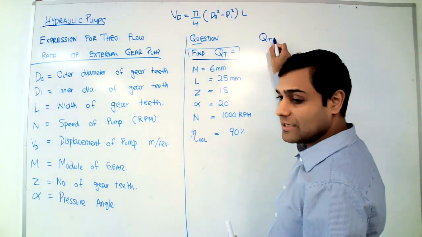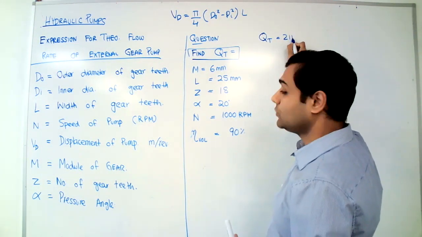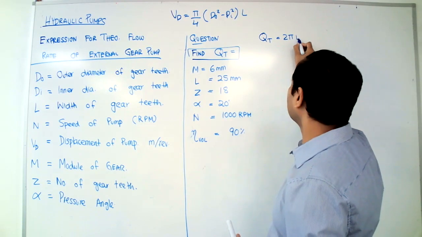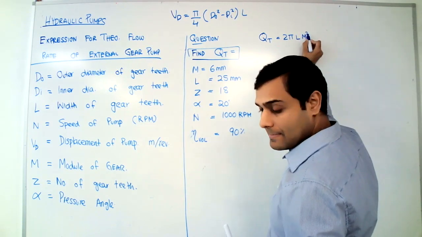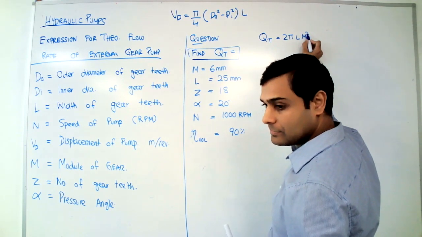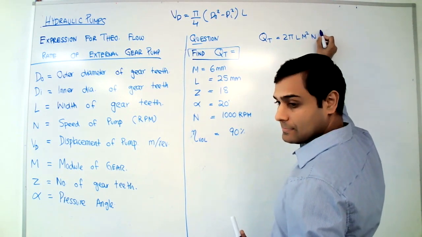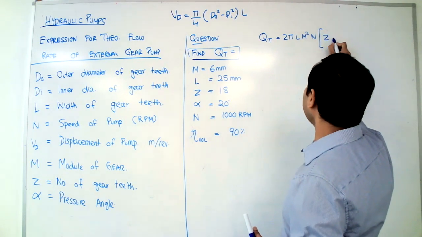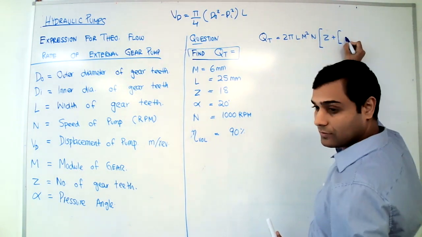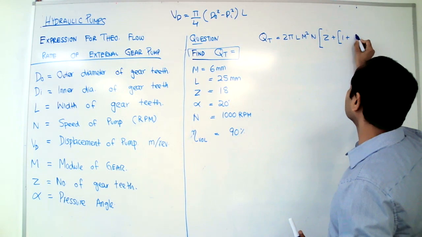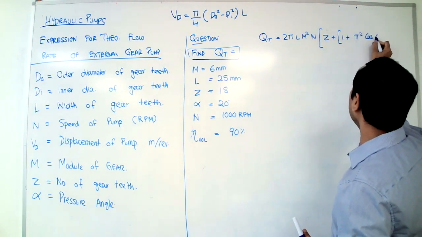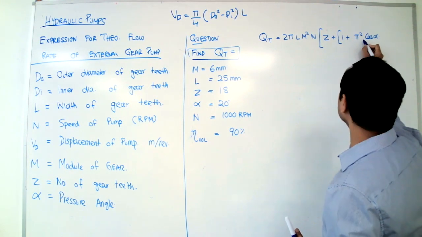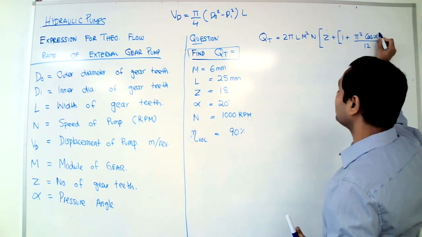So I got QT equals 2 pi L m squared n, z plus 1 plus pi squared cos alpha divided by 12.